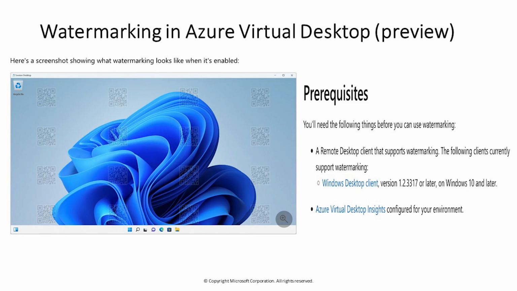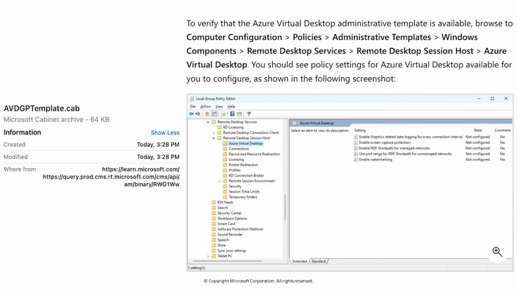Now the question that comes up is how you can enable them, how you can set them up, and where exactly these settings can be configured. Let me tell you, these settings can be defined through group policies, guys, and for that you do require a template. As you know, in group policies there is a section called administrative templates. Microsoft provides the administrative template, which you can download.